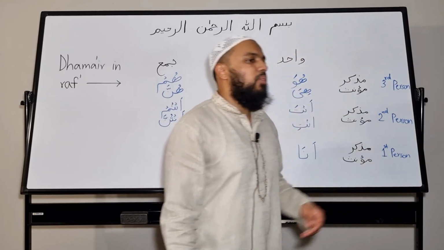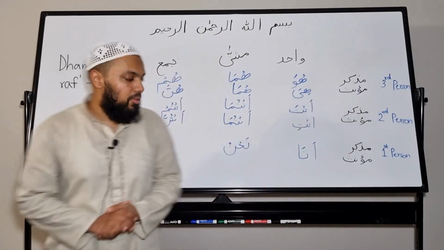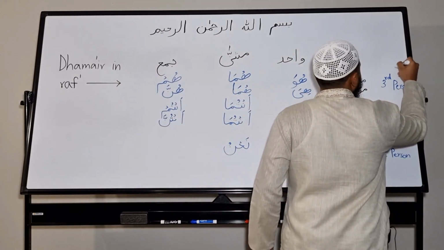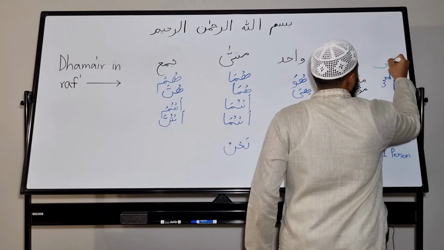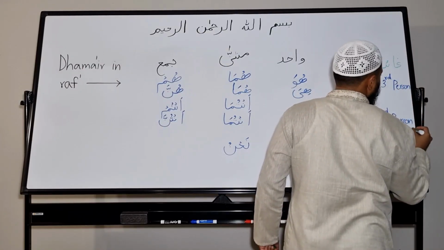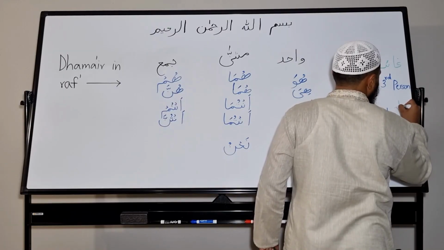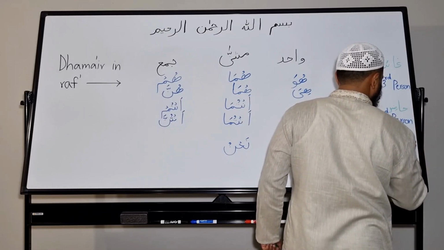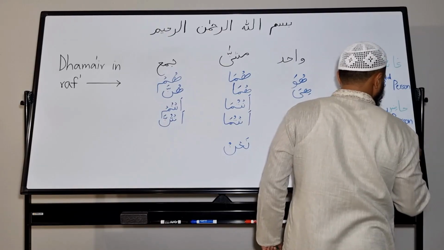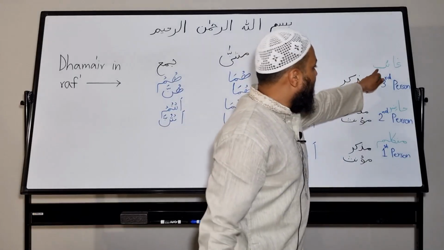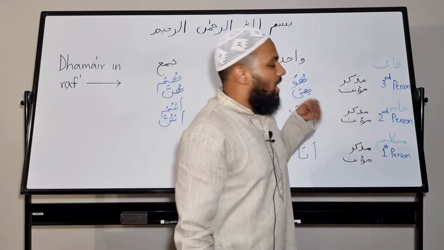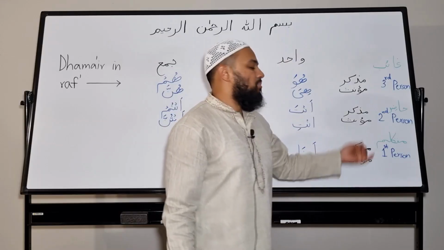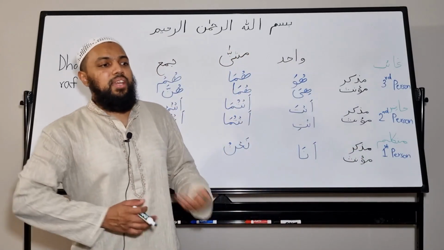I can write them down. For third person, ghaib. Second person is hadir. Hadir means someone present, or mukhatab. And first person is mutakallim. Mutakallim means the speaker, right?